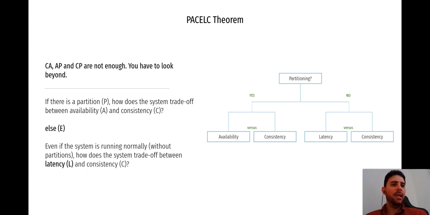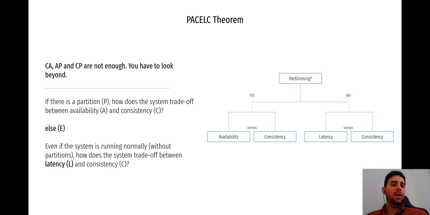The system can be running normally, but the latency is so high that consistency becomes a question for everyone. If latency is high, is the data in a consistent state? Maybe not, because of eventual consistency.